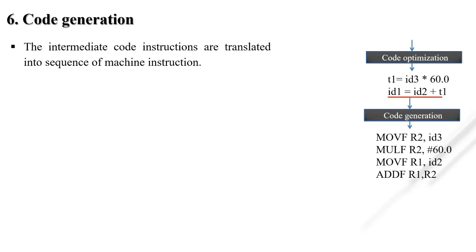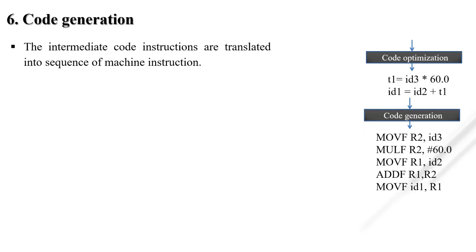As I said, the answer is stored in the left side of the register after performing the operation. So addition of R1 and R2 is done, and then the whole answer is stored in R1. And at last move F, the whole result is moved in id1, because the whole answer is stored in R1.